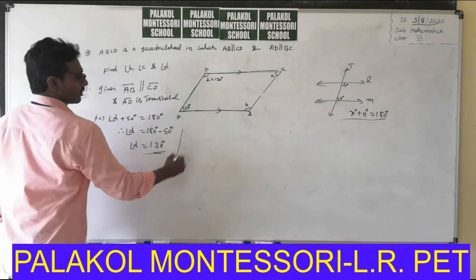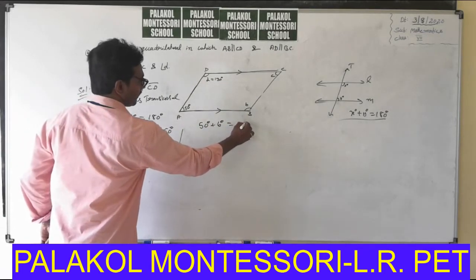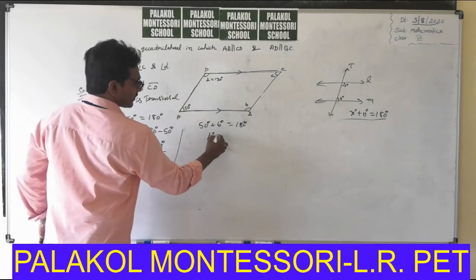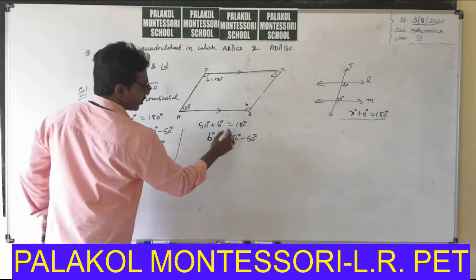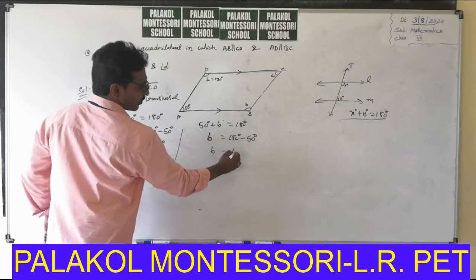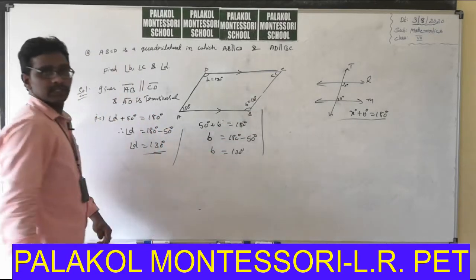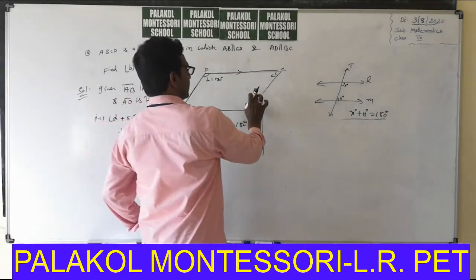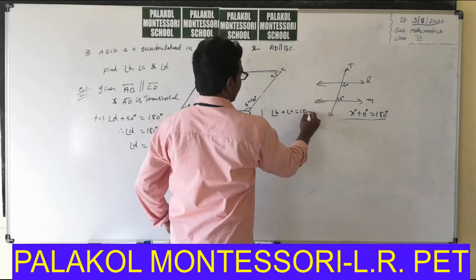Same logic applies here. 50 degrees plus B is equal to 180 degrees. So B is equal to 180 degrees minus 50 degrees, which is 130 degrees. Next, see, angle B plus angle C is equal to 180 degrees.